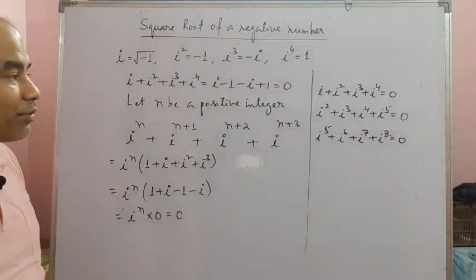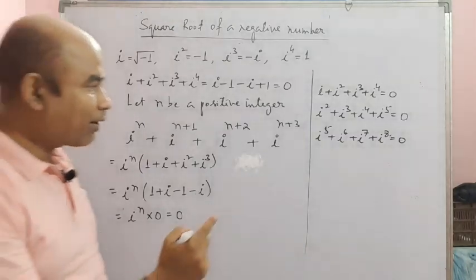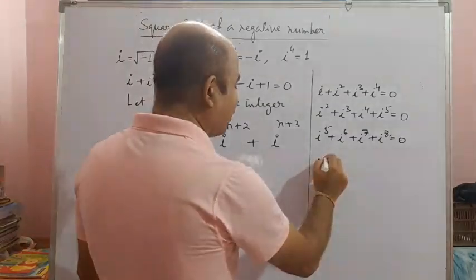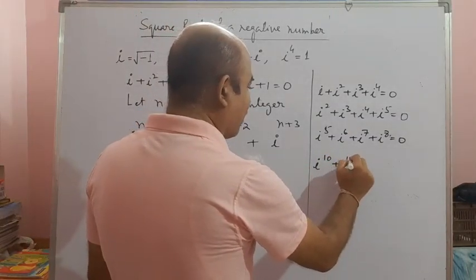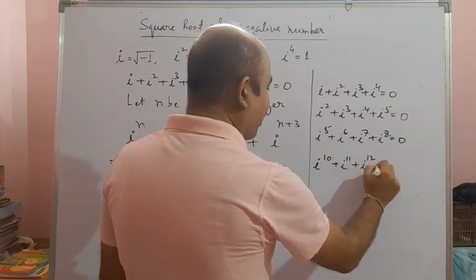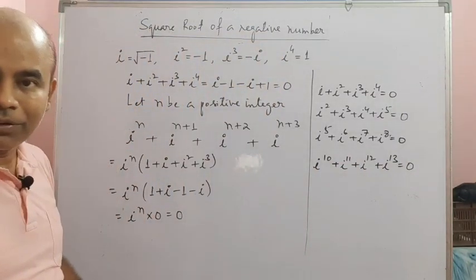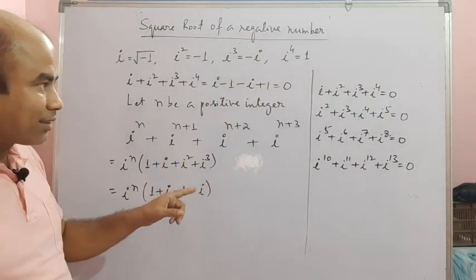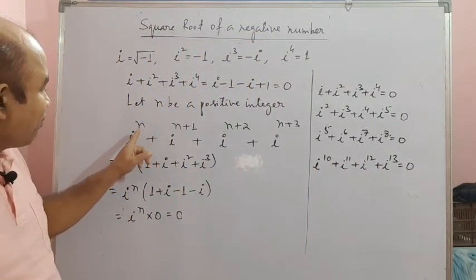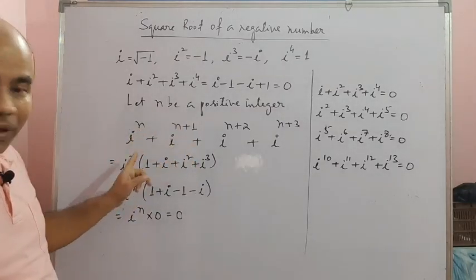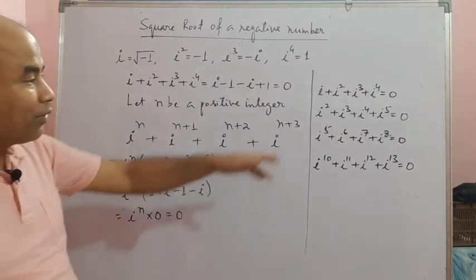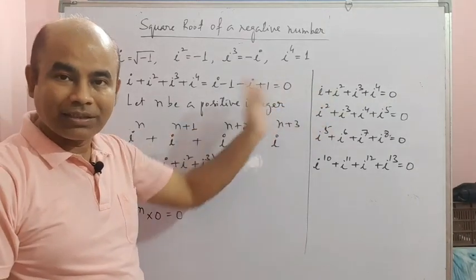If 4 consecutive integers I have taken. Not only this, suppose it is i to the power 10, i to the power 11, i to the power 12, i to the power 13, then also my answer will be 0. Now based on this result, that if the powers of i are 4 consecutive integers and we add them, the answer is 0, or this result you obtain from that one.